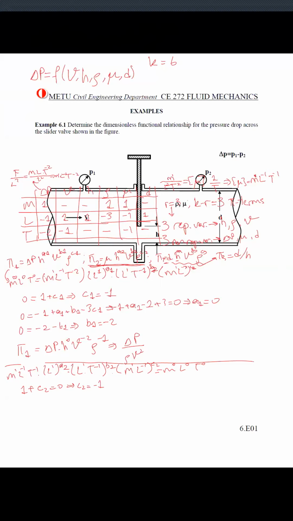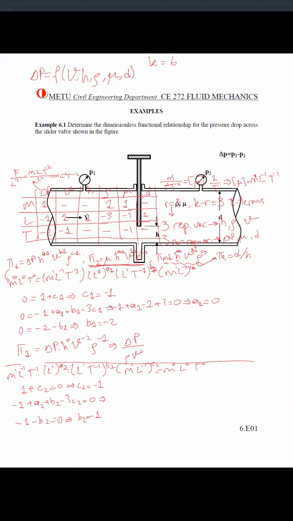If you write for L, we have minus 1 plus A2 plus B2 minus 3C2 equals 0. Let's leave it for now. For T, we have minus 1 minus B2 equals 0, which gives us B2 equals minus 1.